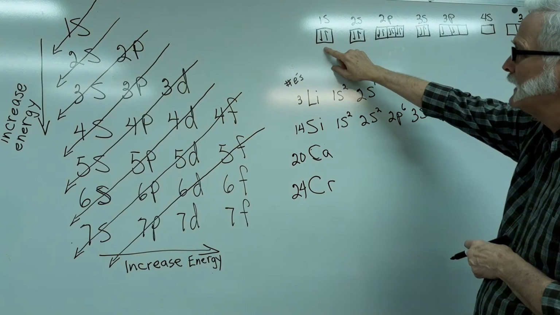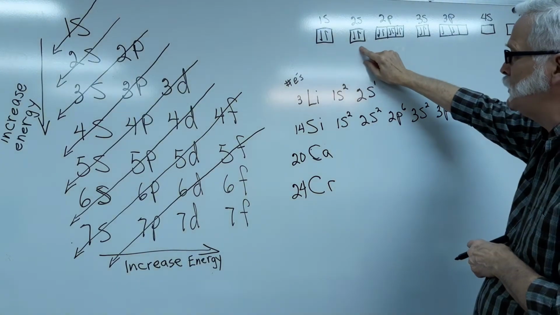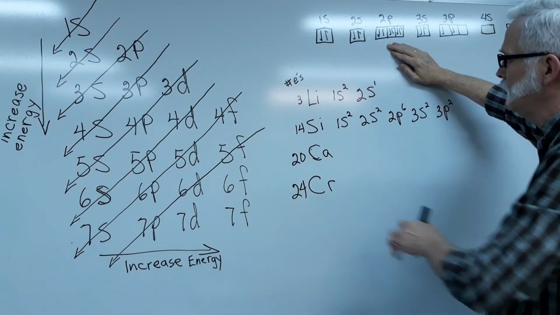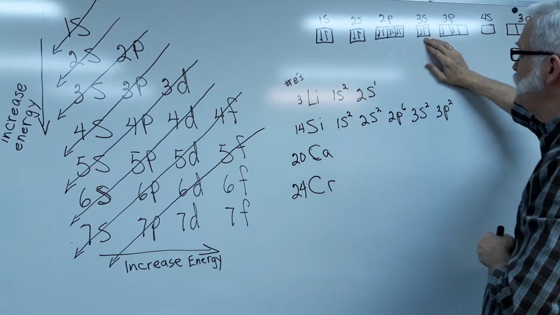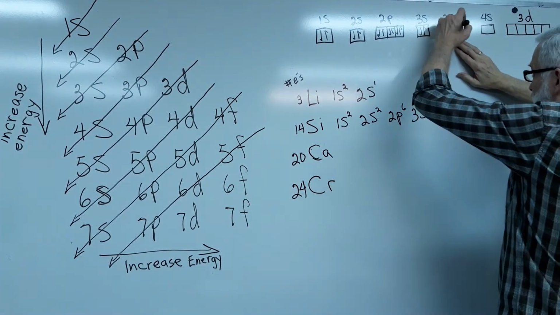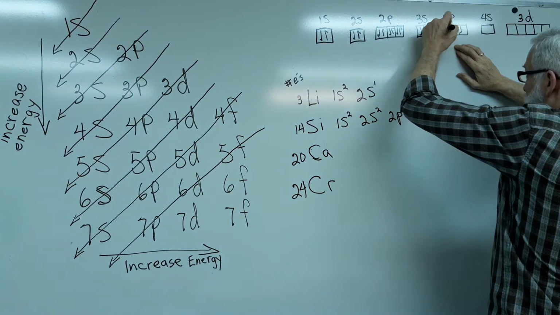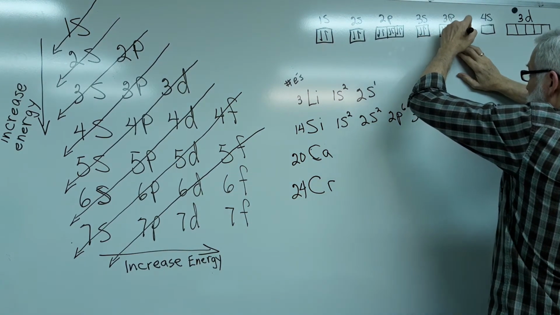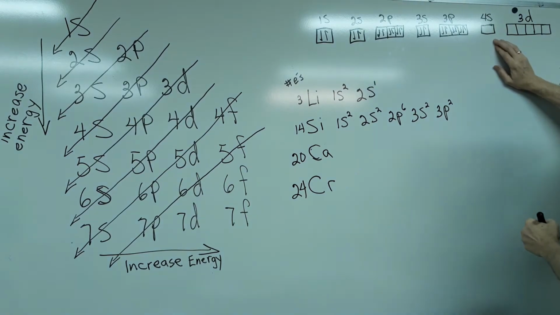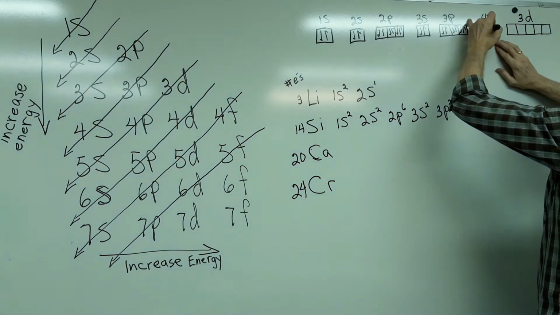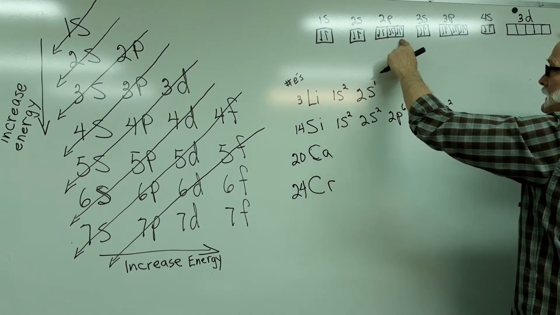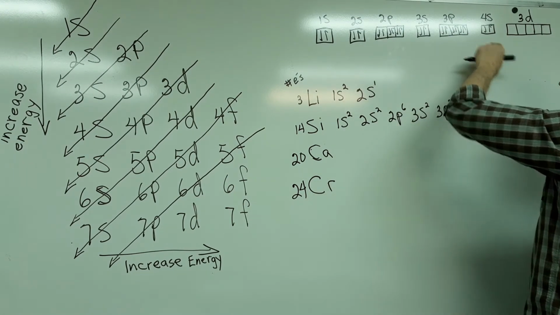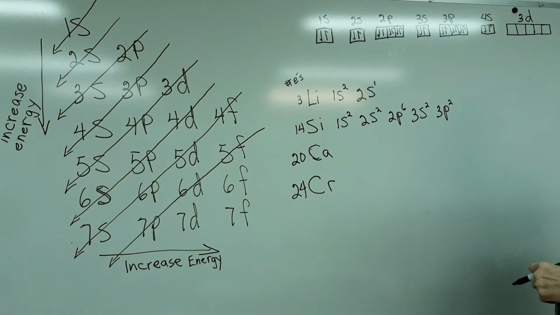Let's go down to calcium. We've got 2 in the 1s, 2 in the 2s. We've got 6 in the 2p. 3s, we have 2. 3p, we're going to have 1, 2, 3, 4, 5, 6, 7, 8. How many do we have? 2, 4, 6, 8, 10, 12, 14, 16, 18, 20. Okay?